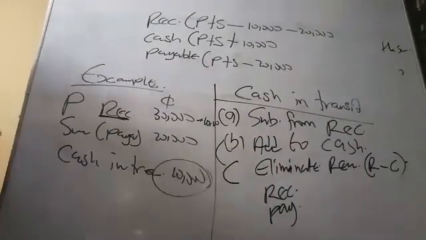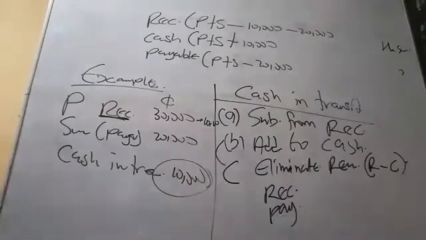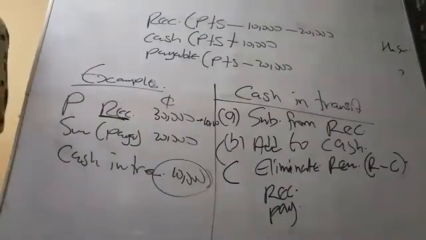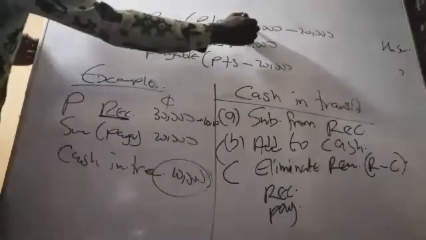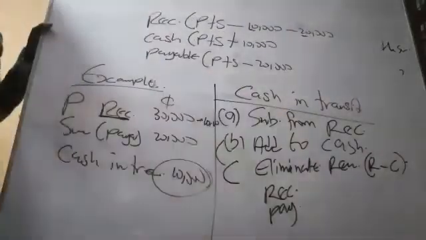Now let me give you the shortcut. The shortcut is to eliminate the full figure from the receivable and then eliminate the payables. So minus 30, minus 20 gives us minus 30.